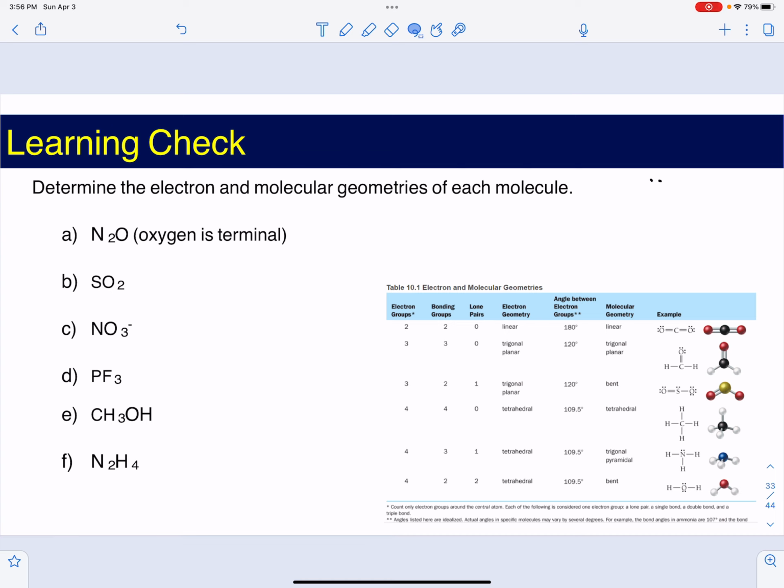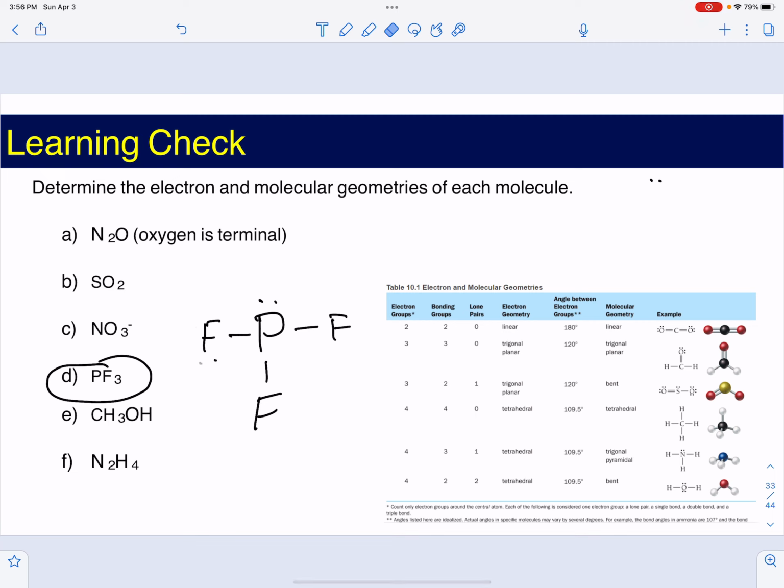Let's go ahead and do PF3. So that one is going to be something like this. And at this point, I am not going to put the electrons on the fluorines anymore because they are irrelevant.